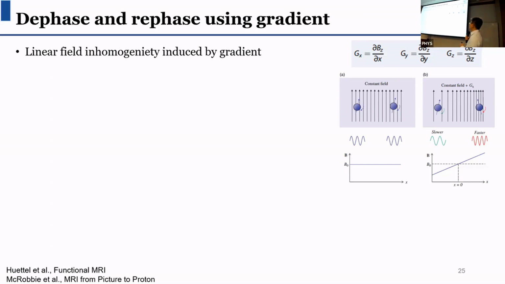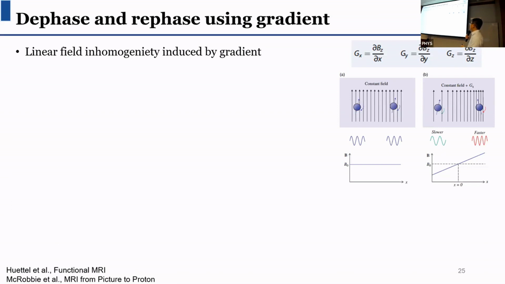If you apply a constant field gradient made by GX, that means along the X direction, the magnetic field will change just subtly. Compared to our B0, it is a very small change. But even though this change is quite small, it still causes the spins to precess a little differently from each other.